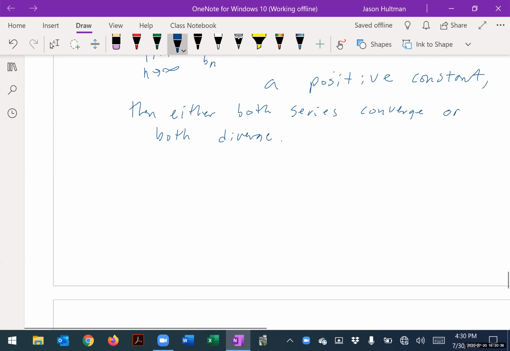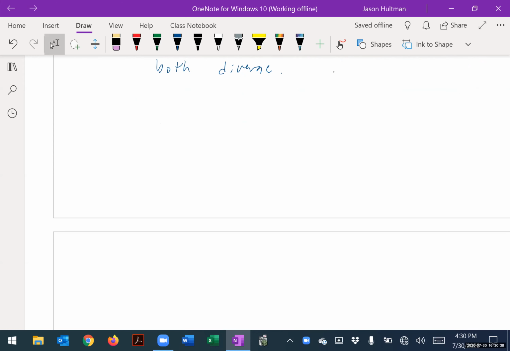Cool. So they either both converge or they both diverge.